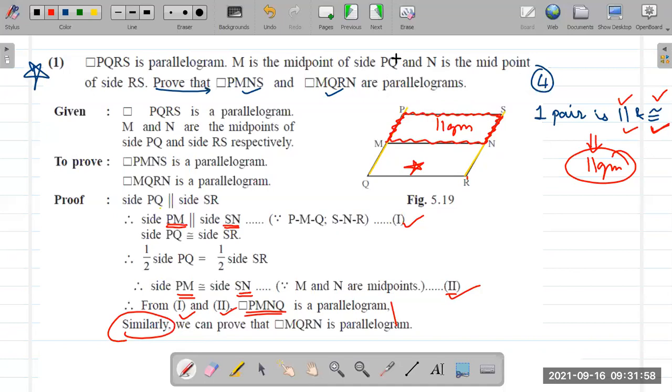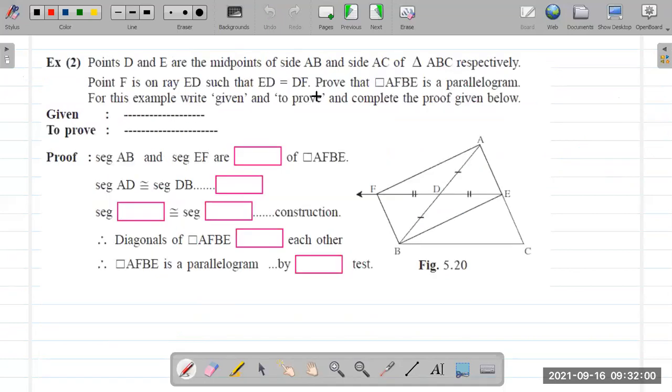All right, let us look at the second problem now. Points D and E are midpoints of the sides AB and AC. So D is the midpoint of AB, so AD is equal to DB. Likewise, sorry, E is the midpoint of AC.